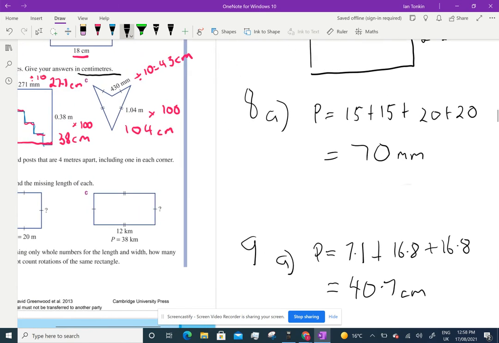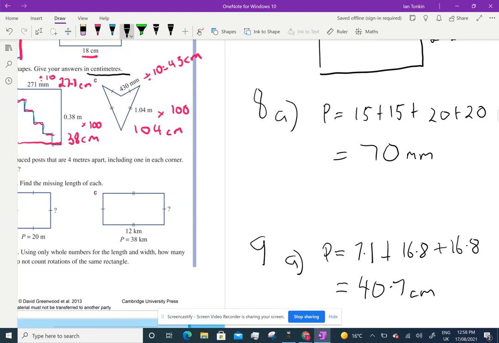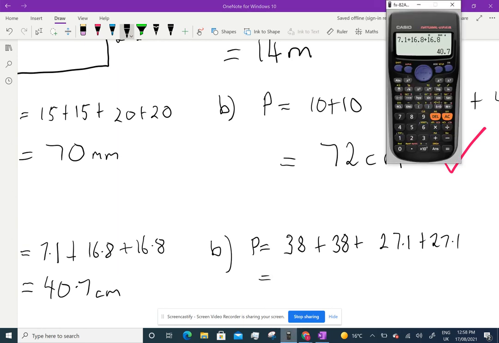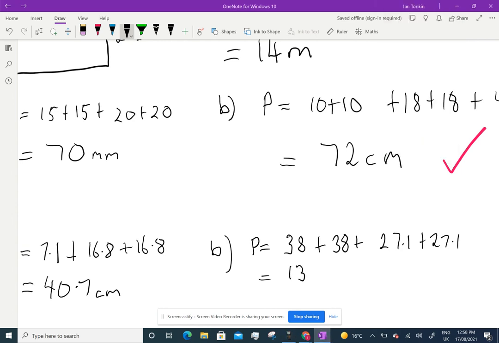And at the top, I've got 27.1 centimetres. So 27.1 plus 27.1. And I get my calculator out again. 38 plus 38 plus 27.1 plus 27.1. 130.2. And we're all in centimetres, so that's okay.